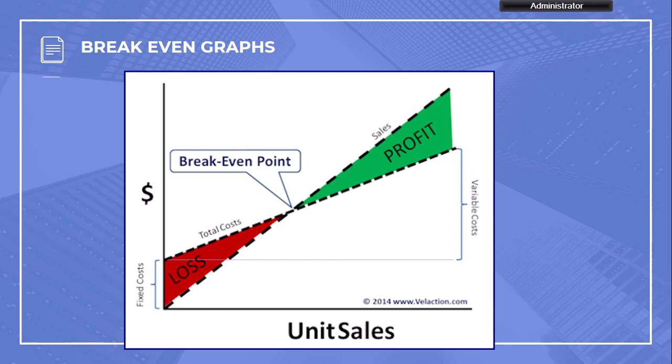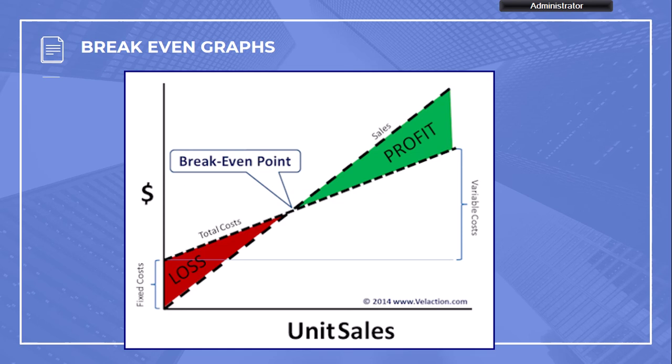So where we've got our total costs line going across, and we've got our sales line going across, the point where they meet is called the break-even point. Sometimes you might need to label this on the chart, but you'd never actually be expected to draw this from scratch. Anything above the break-even point is classed as profit, and anything underneath the break-even point is classed as loss.